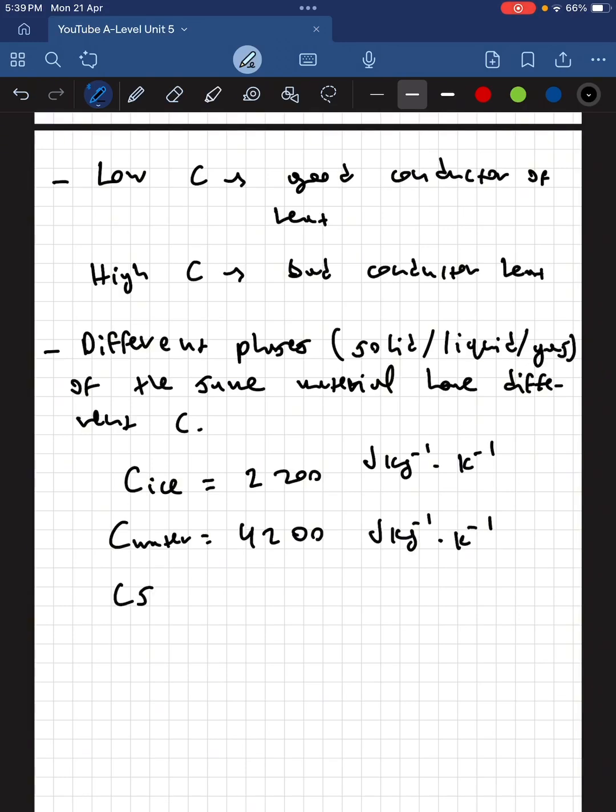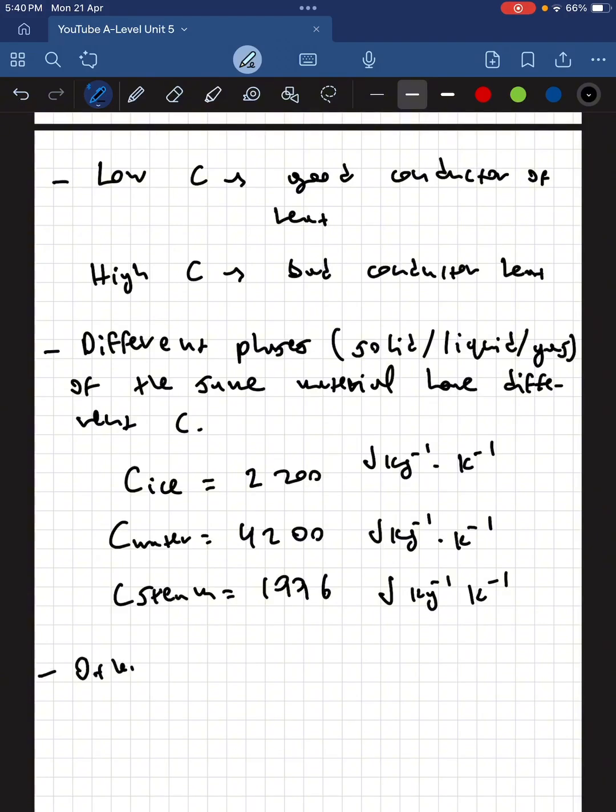And then the specific heat capacity of steam is also different, and it's 1996 joules, kilograms to minus 1, kelvins to minus 1. So you see how it's the same substance, different phases, different specific heat capacities.